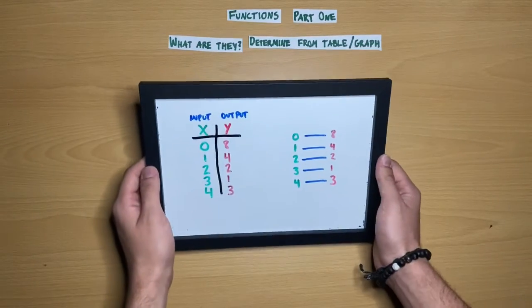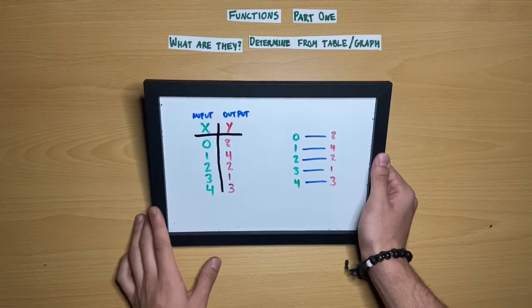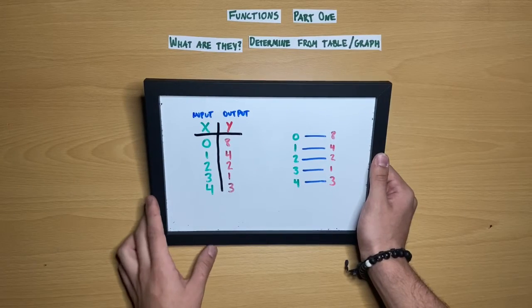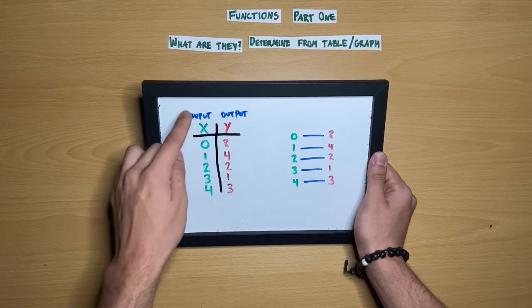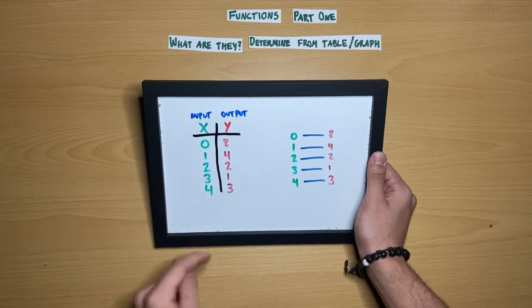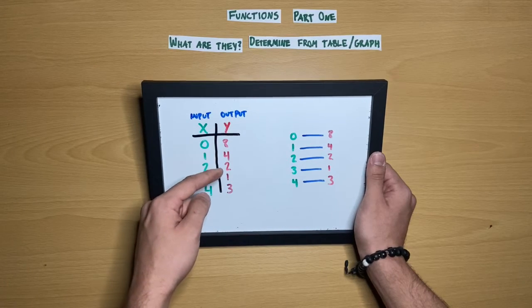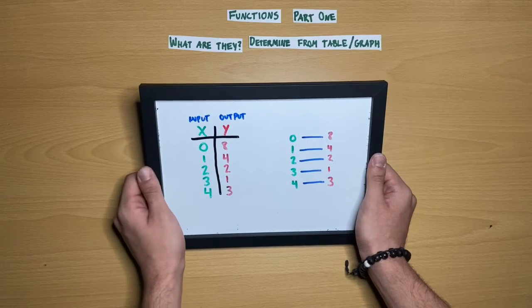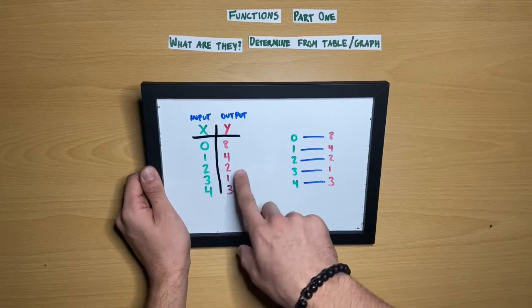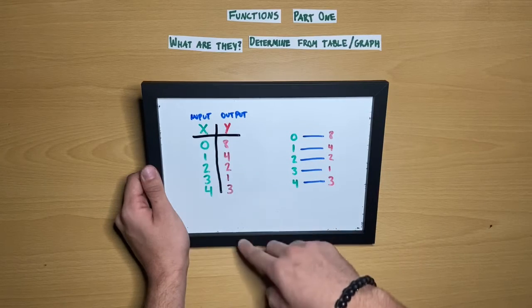So here I have this example. We have this table, and we're trying to determine if it's a function or not. We have all the inputs, the X values, which are 0, 1, 2, 3, and 4. And the outputs, the Y values, which are 8, 4, 2, 1, and 3. I went ahead and took these out of table form to see the relationships between the inputs and the outputs.